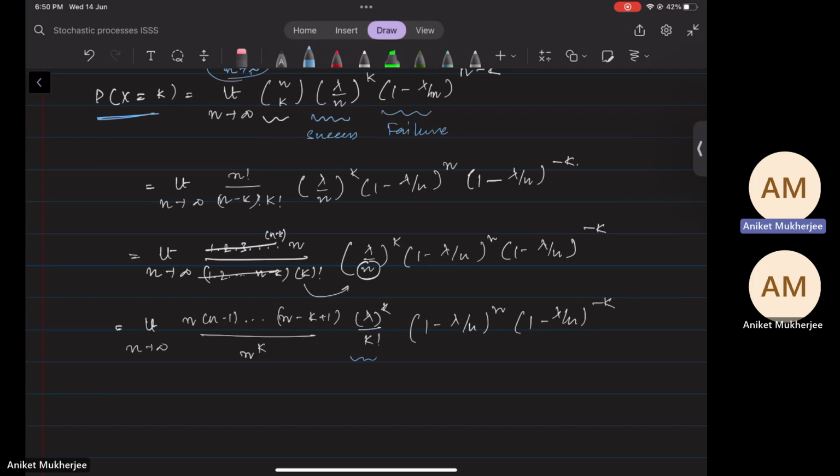Now this term is not a function of n, so I can bring it out of the limit.